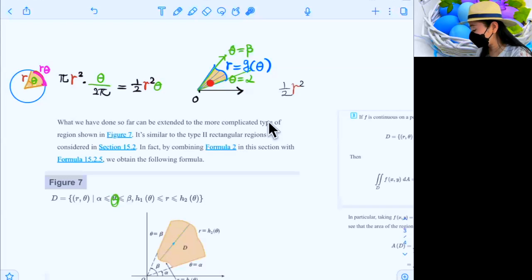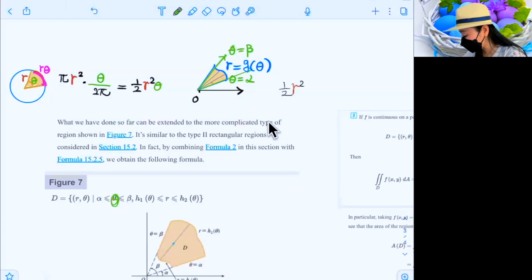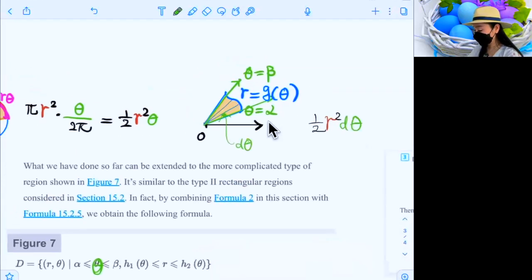In this segment there's a small change in theta. So that's d theta, like that. That's for one segment.